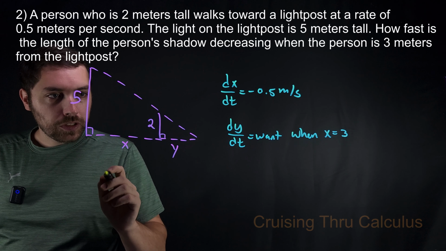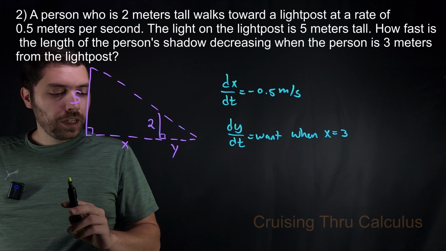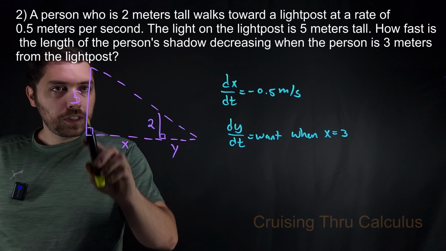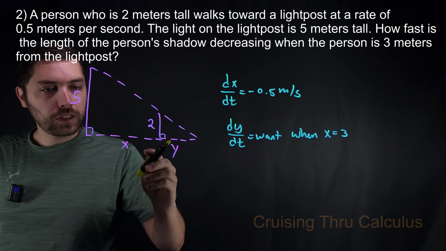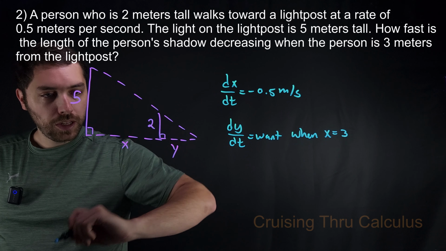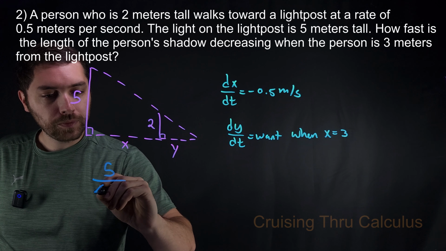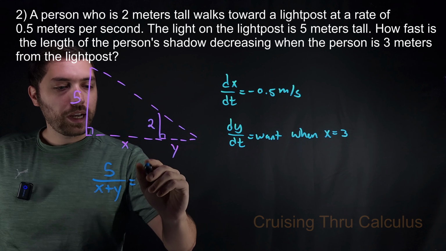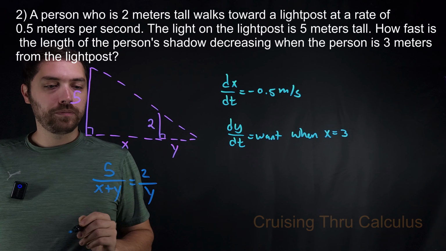You could set this up in any number of ways. Let's say that 5 is to, so this distance here, 5, is to this entire distance here. So that's going to be 5 is to x plus y, because we need the entire distance, is the same thing as 2 to y, like that.